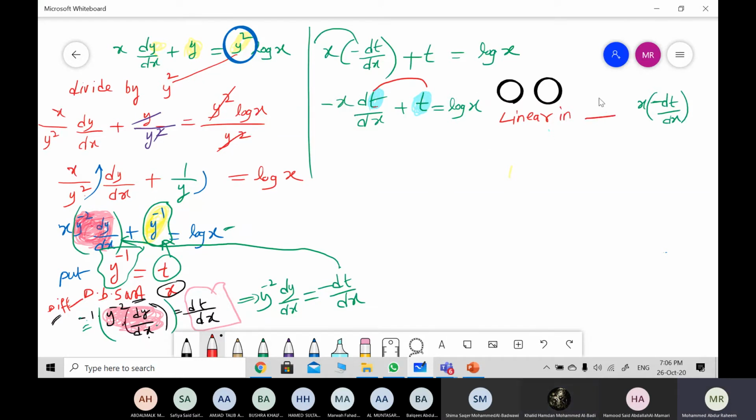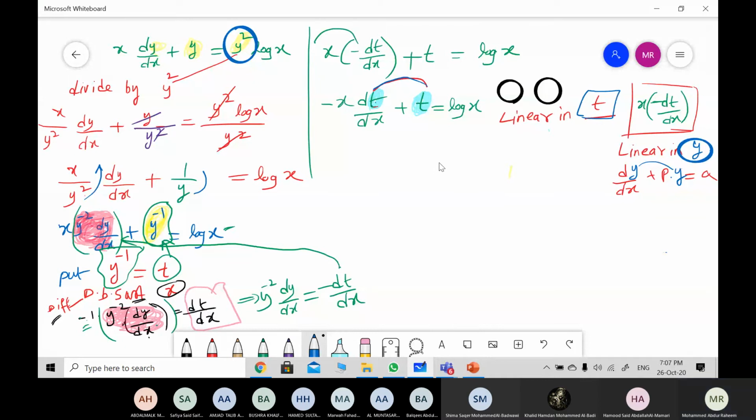In t. Linear in t. Yes. But this x should not be there, minus x. Linear in y means what? dy by dx plus P y is Q, and this y will be coming here and here. Then we say if these two are there, it is linear in y. Now how much? Linear in t. So linear in t. Yes.